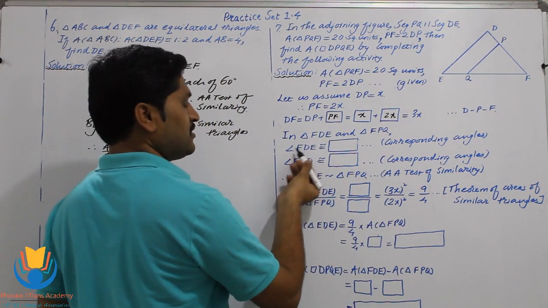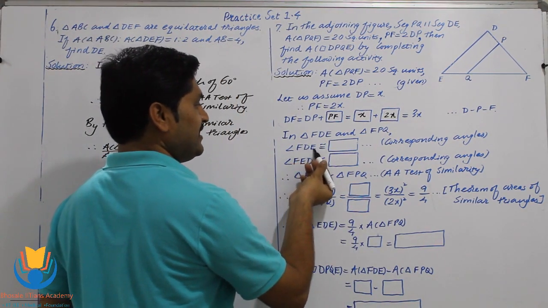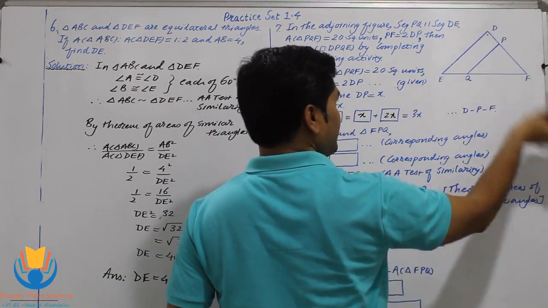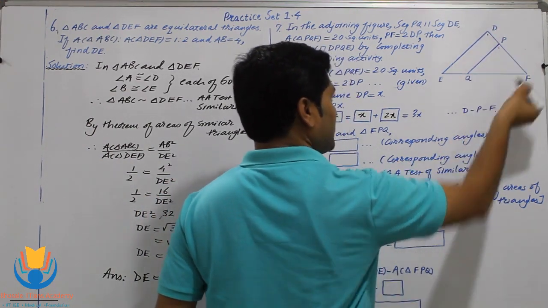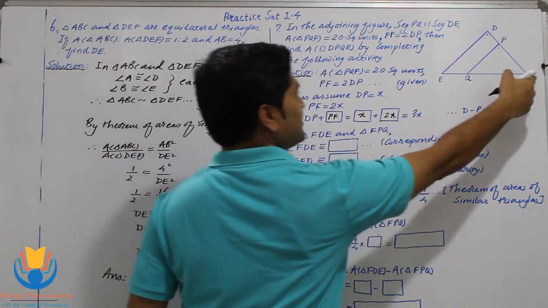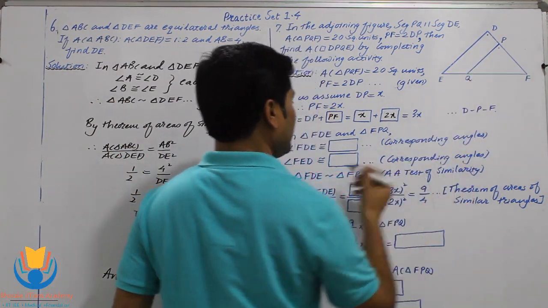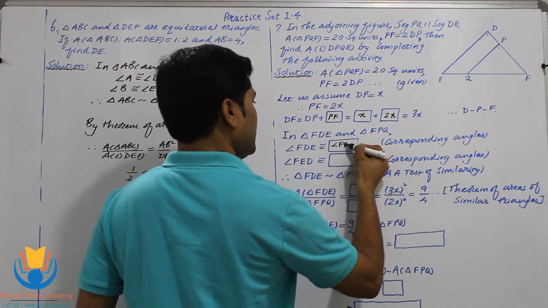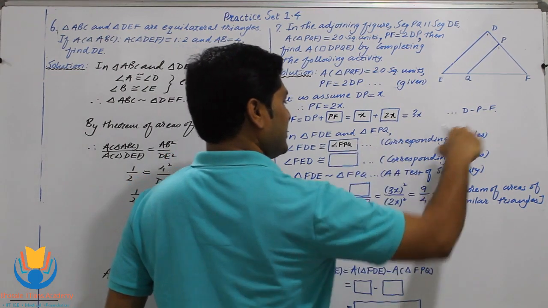For that, look at angle FDE. This angle is always congruent with this angle, as these are corresponding angles. Let's write the name of this angle as FPQ here. So this is angle FPQ, and the reason they have written.